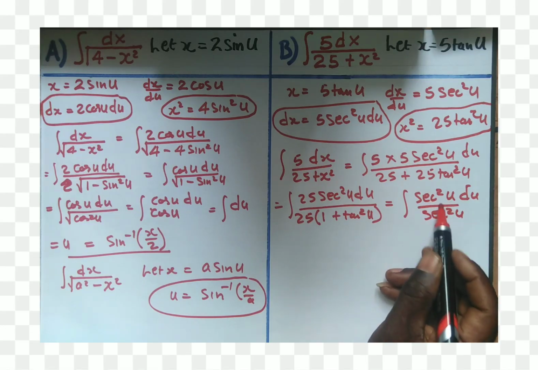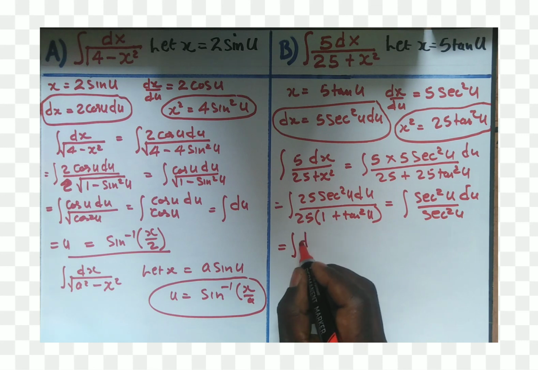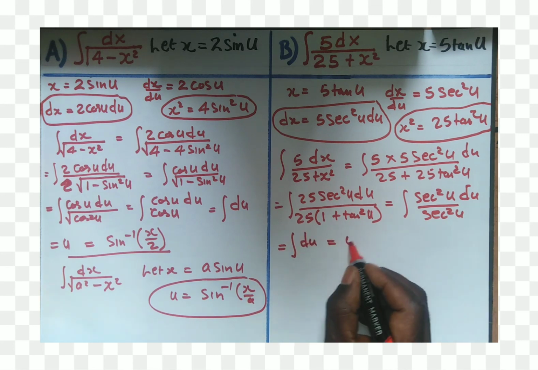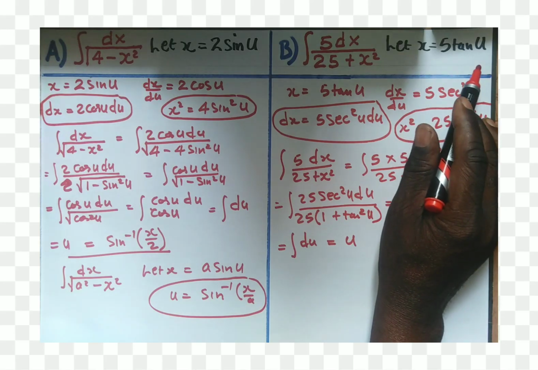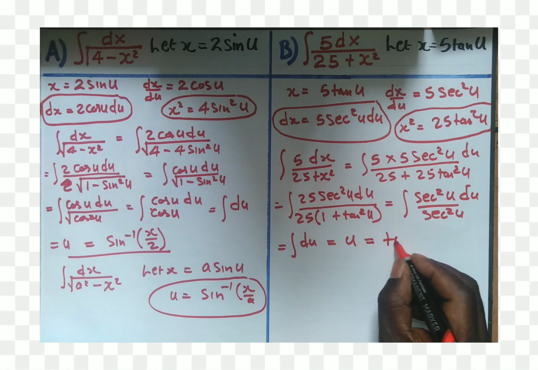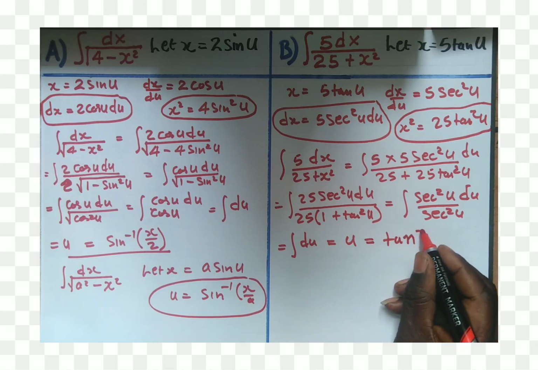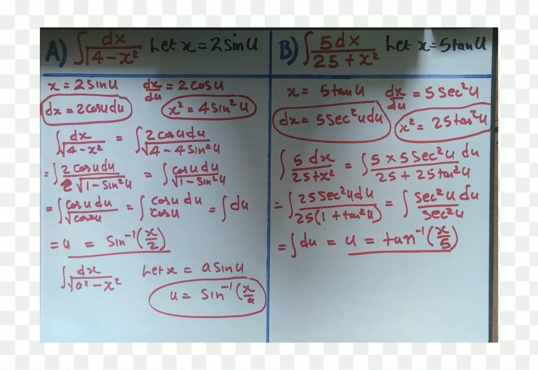So the sec squared u cancels out and we are left with the integral of du, which is equal to u. But x is equal to 5 tan of u, which means that u is equal to arctan of x over 5. That is our integral.